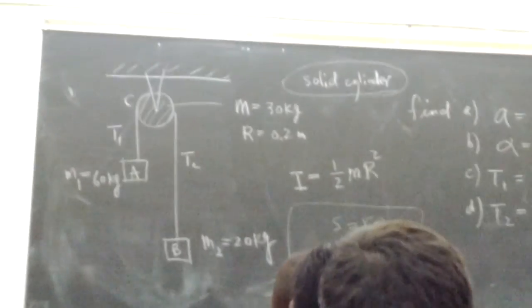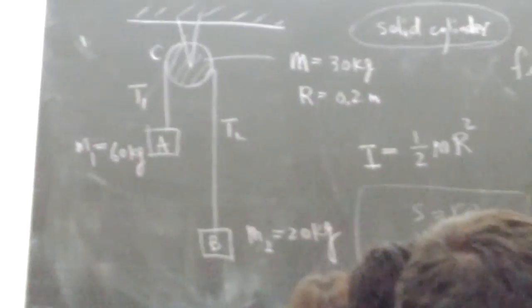So in this case here, the accelerations of A and B are the same because they are tied together. Those are tangential accelerations, not radial, not centripetal. Rather it's tangential. So you have that relationship. A is equal to R alpha.